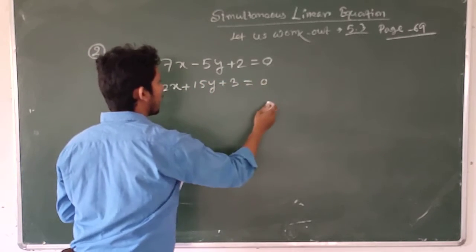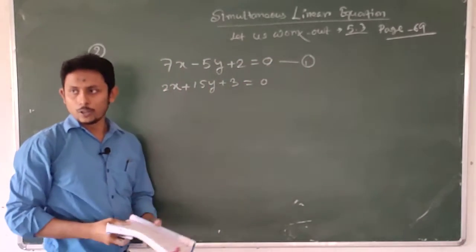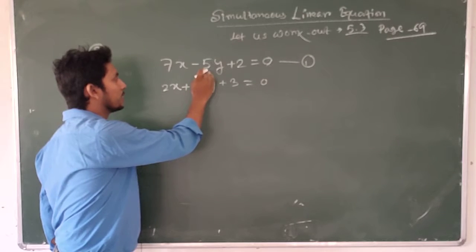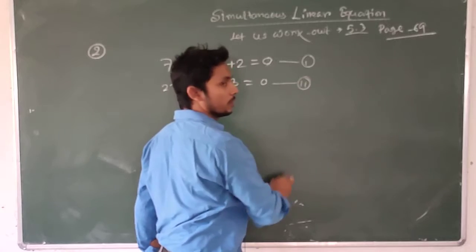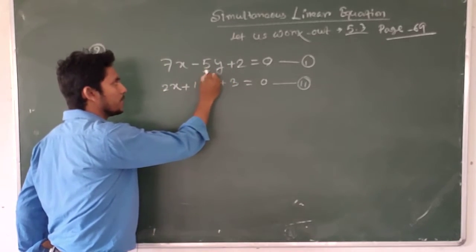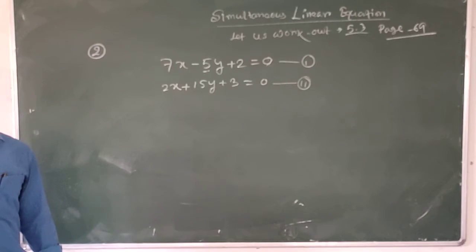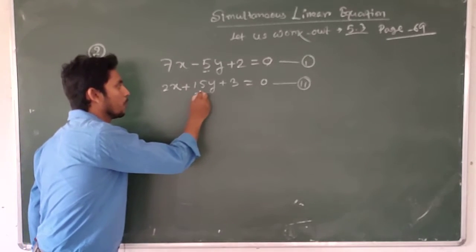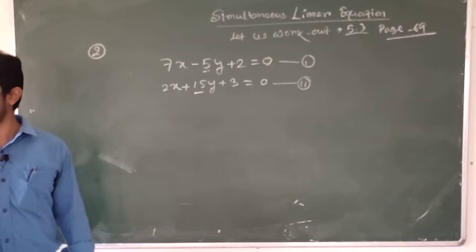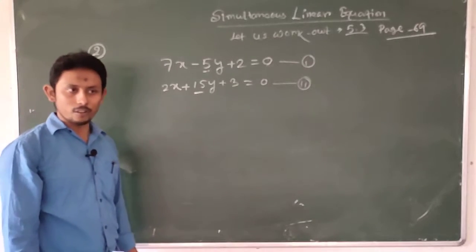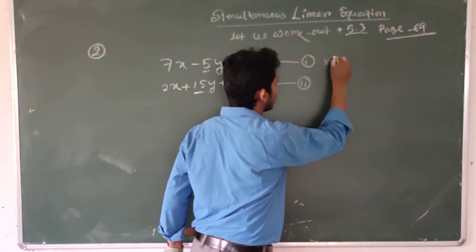So it is asking that to eliminate y, this number 1 equation will be multiplied with which number? Because if it is 5, we need to make it equal to 15, then it will eliminate y. Yes or no? So here we are just going to multiply this number 1 only by 3.